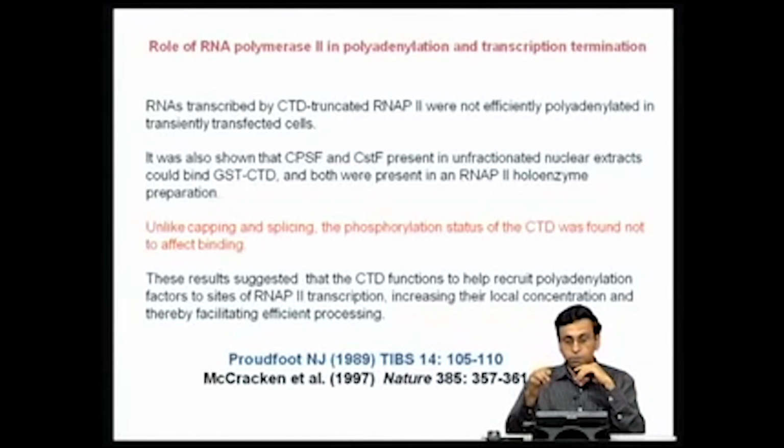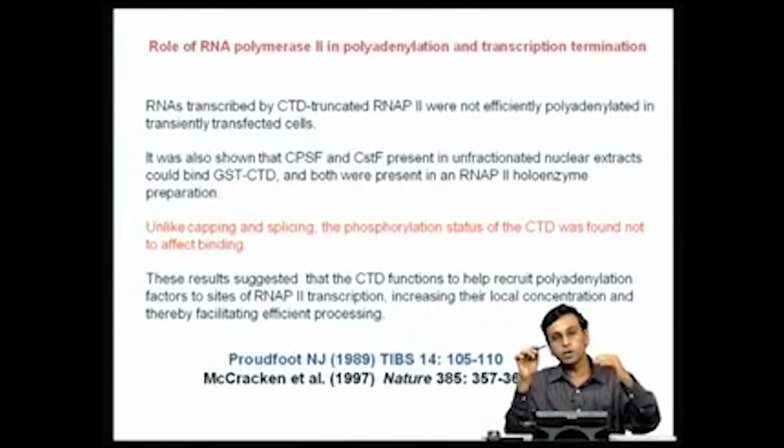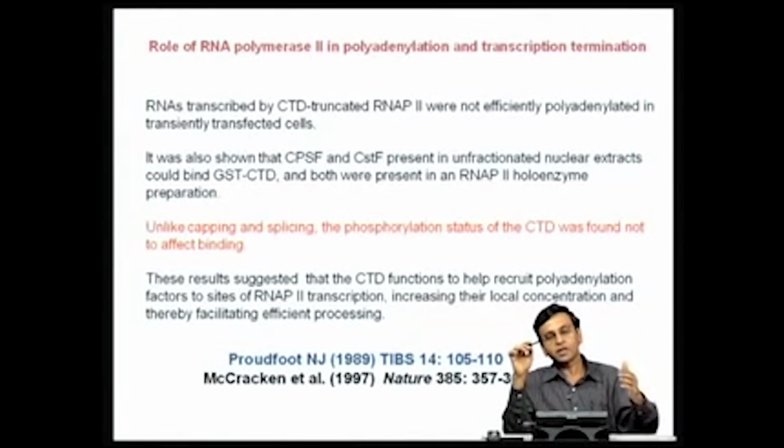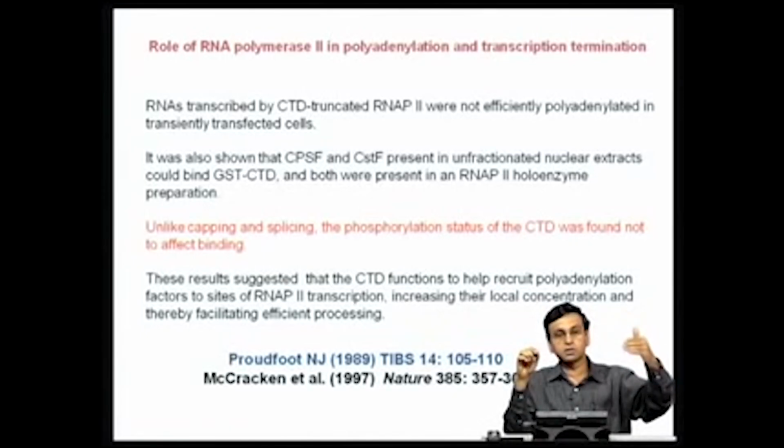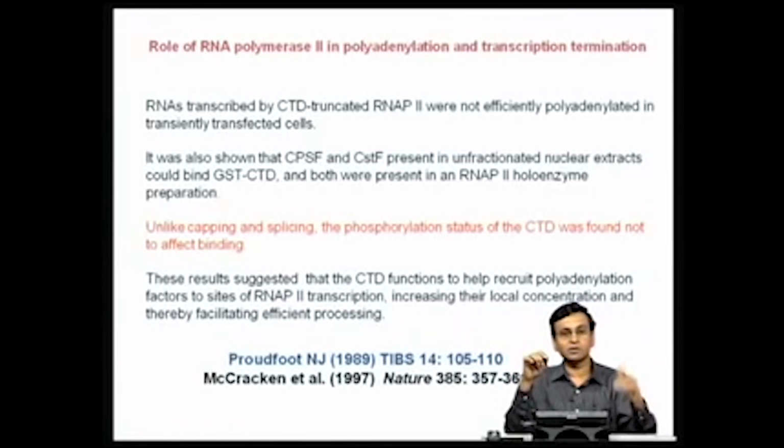Similar experiments were also done in the previous cases, where people have shown that enzymes involved in mRNA capping and enzymes involved in RNA splicing also interact with the RNA polymerase II C-terminal domain, and in fact phosphorylated forms of the RNA polymerase CTD are more efficient in promoting mRNA capping as well as mRNA splicing.